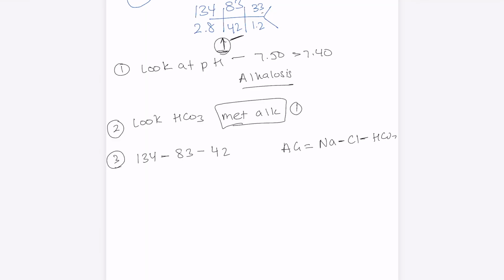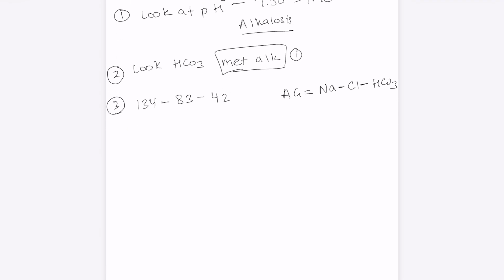So 134 minus 83 minus 42 is 9 here. So I have no gap.